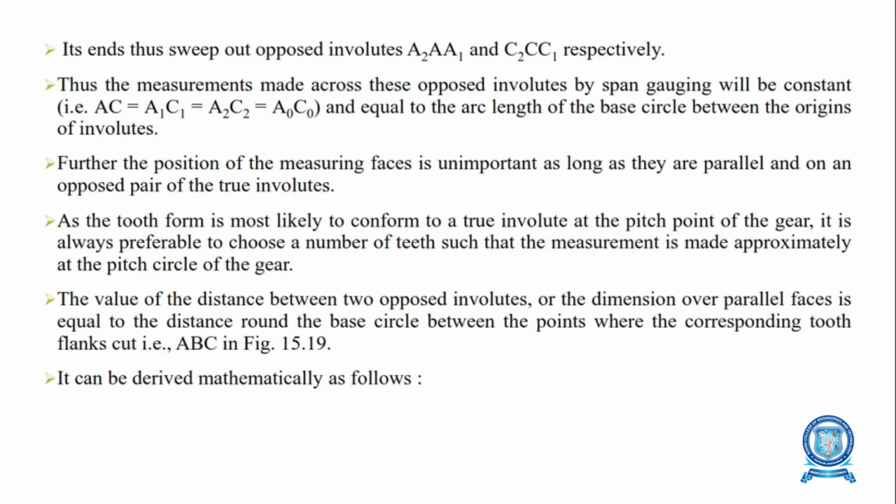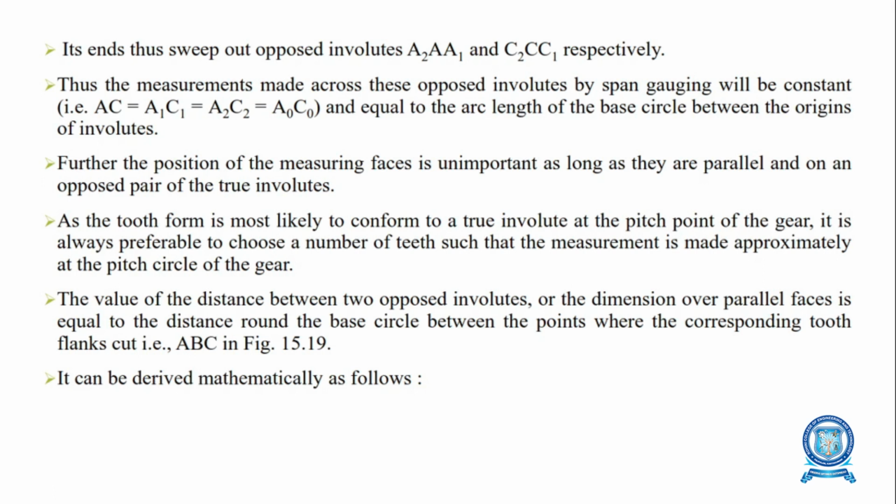Then its ends sweep out opposed involutes A2 A A1 and C2 C C1. The measurements made across these opposed involutes by span gauging will be constant. So that is AC is equal to A1 C1, which is equal to A2 C2 and A0 C0.